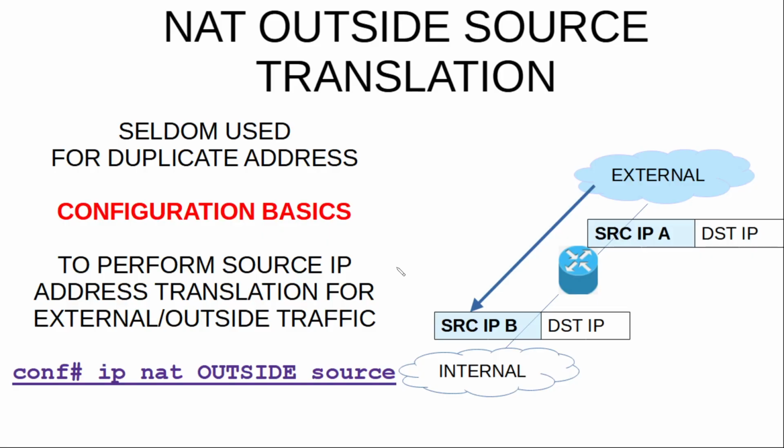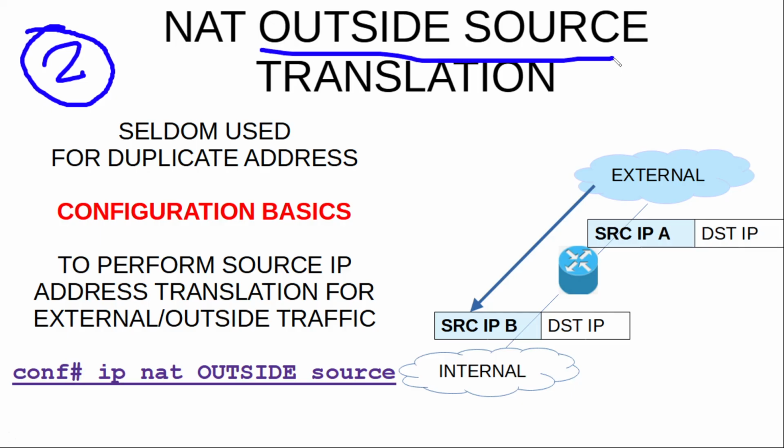Now, let's examine this second option that we talked about, which is known as the outside source. We already saw inside source, so we're going to talk about outside source. This is a seldom used NAT. It is usually used for duplicate IP addressing within your network, where there is an overlap of networks.